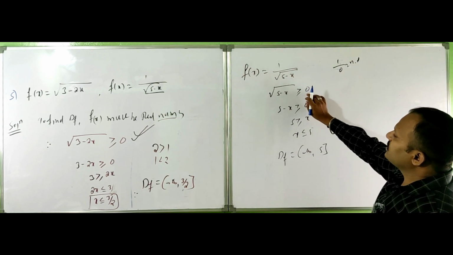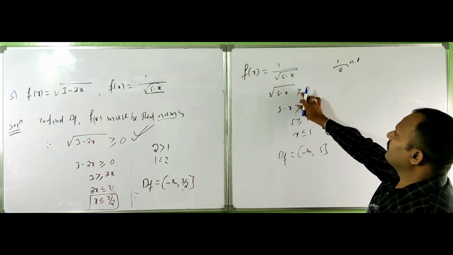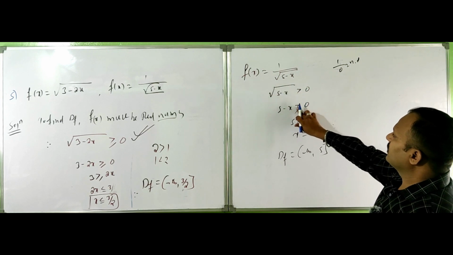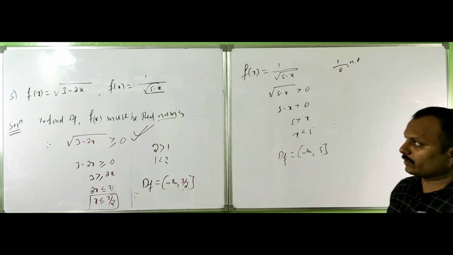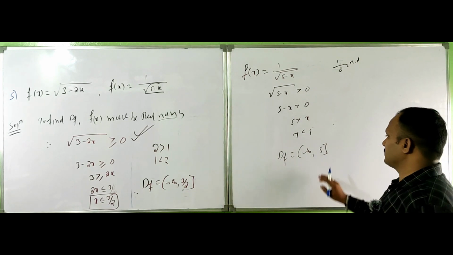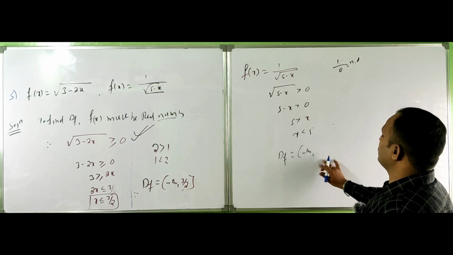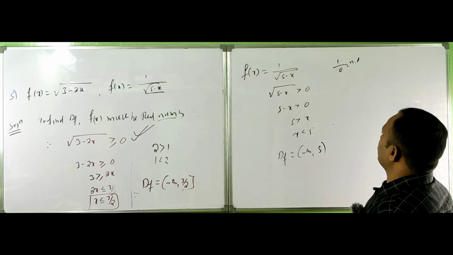If I take it equal to 0, this is not valid. If I take equal to 0, the reciprocal must be greater than 0. Therefore, x is less than 5.